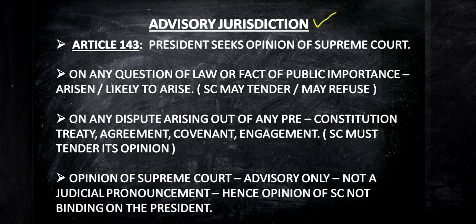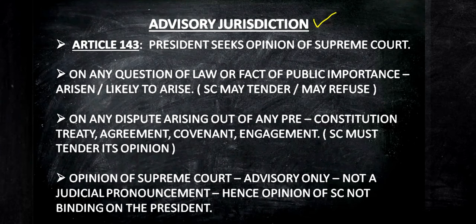Then 3 alphabets means YOU, I love you, 143. So youngsters use this number 143 to express their love, to say I love you. In this way you can remember that the President is saying I love you to the Supreme Court, and in this way he is seeking the opinion of the Supreme Court. This is just a joking and silly note by which you can remember this particular article 143.